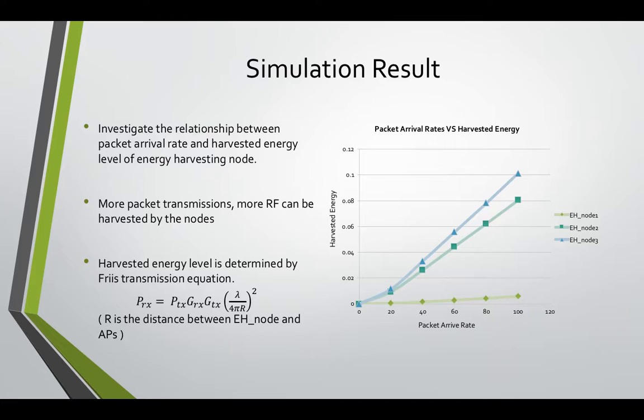According to Friis's transmission equation, the distance between energy harvesting nodes and access points affects the amount of harvested energy dramatically, exponentially. Therefore, even when the packet arrival rate increases from 0 to 100, the energy harvested by node 1 only slightly increased.